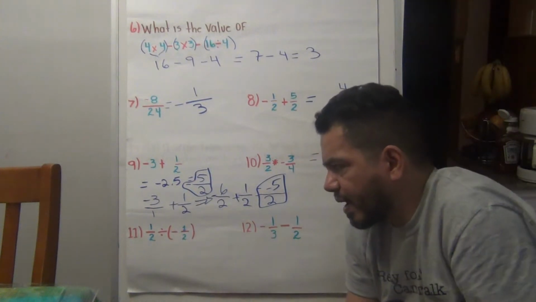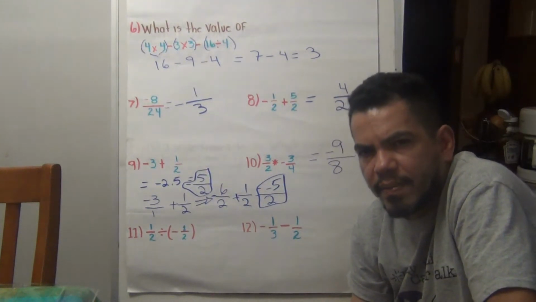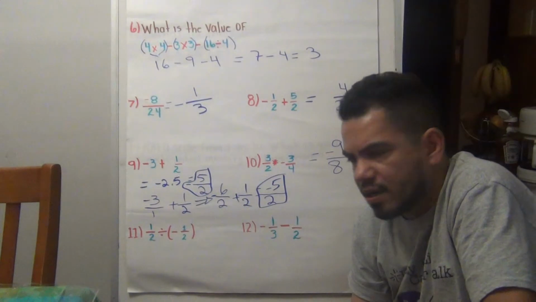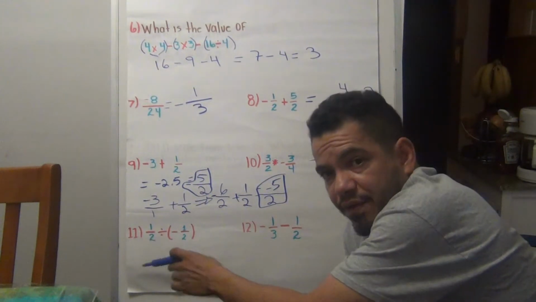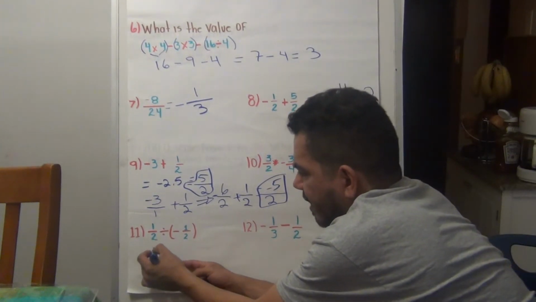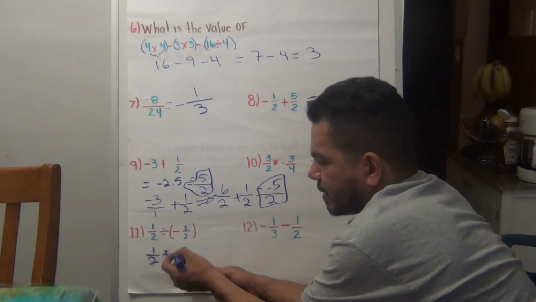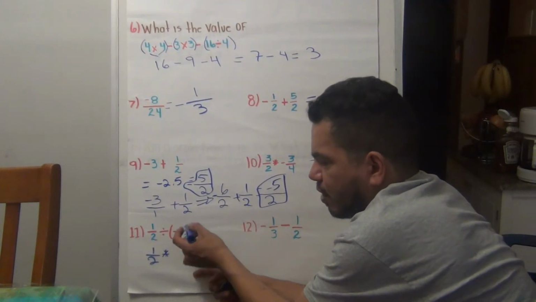Alright, 1/2 divided by negative 1/2. A number divided by itself is 1. And a number divided by its opposite is negative 1. So, if I was to do it the regular way, I would write 1/2, change the division to multiplication, and do the reciprocal of this number.